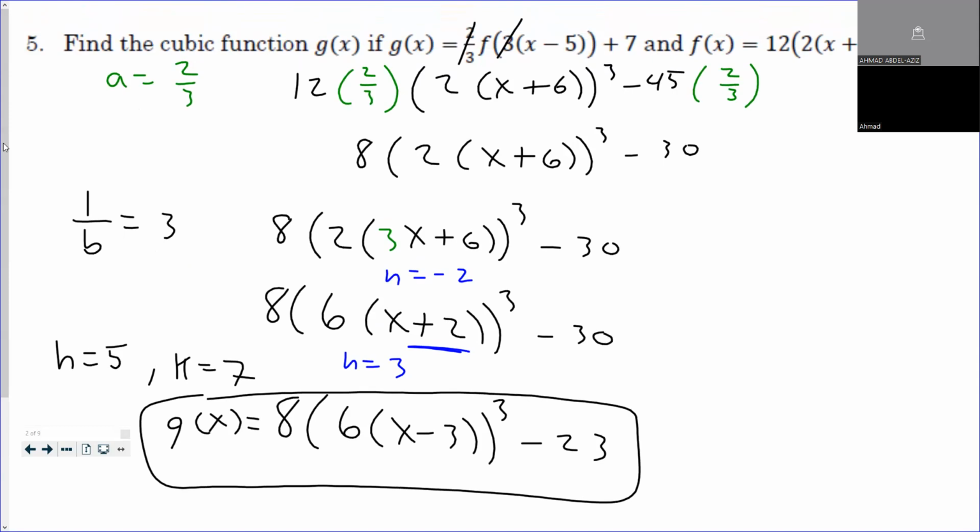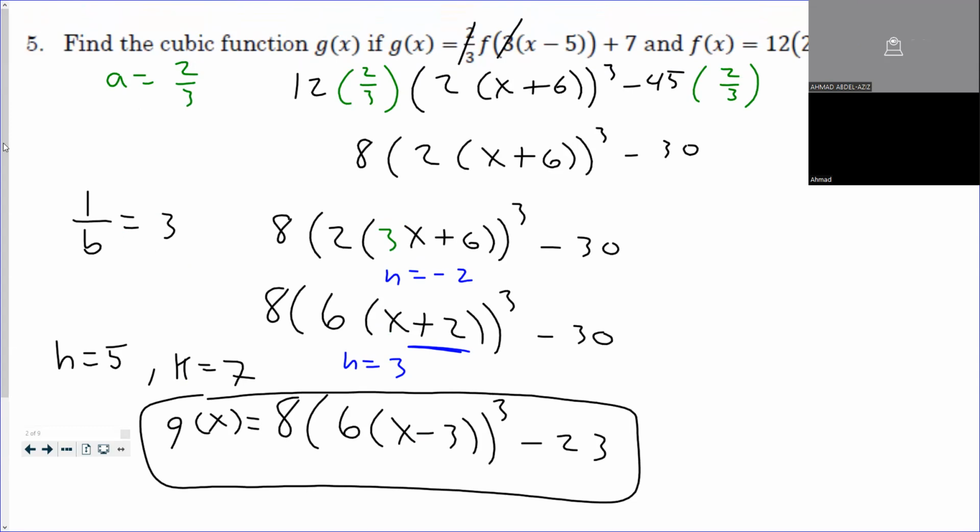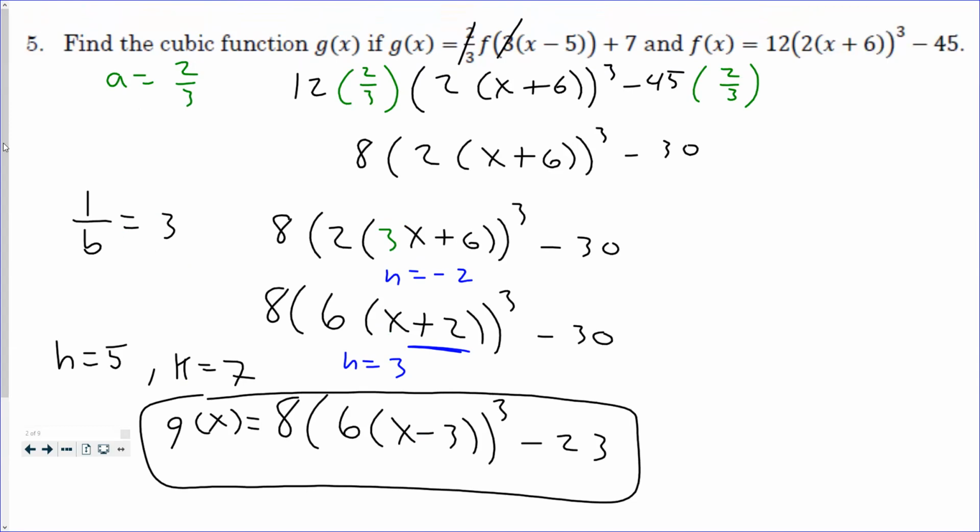I know this escape thing, I don't know how to get rid of it. But it's in the way, but that 3 in there in the problem, that's what your 1/b is. Any questions about that? Are you okay with that? All right. Keep going then.